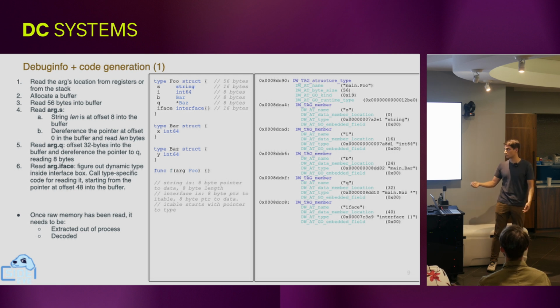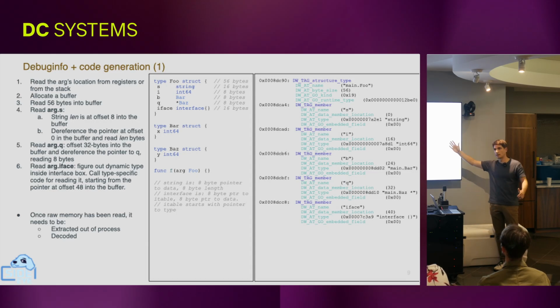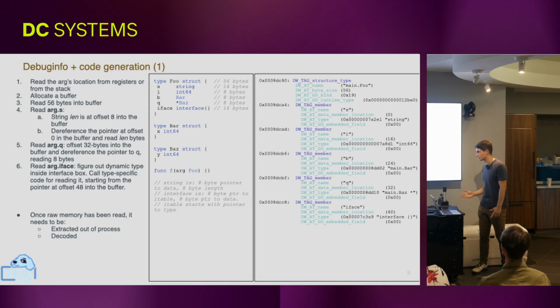And the second pointer is an actual pointer to the data. So our code needs a level of indirection here, where we read the type descriptor, we figure out the details of the type that's actually in that box, and then we run code specifically for that type. So this is the code that we want to get to if our probe wants to read a structure, basically.